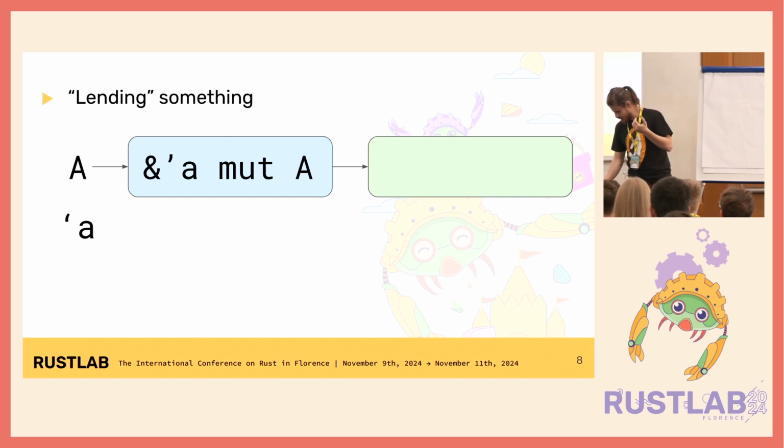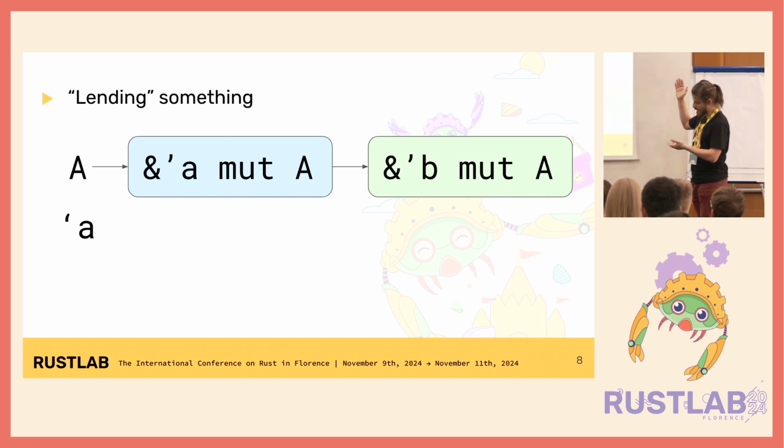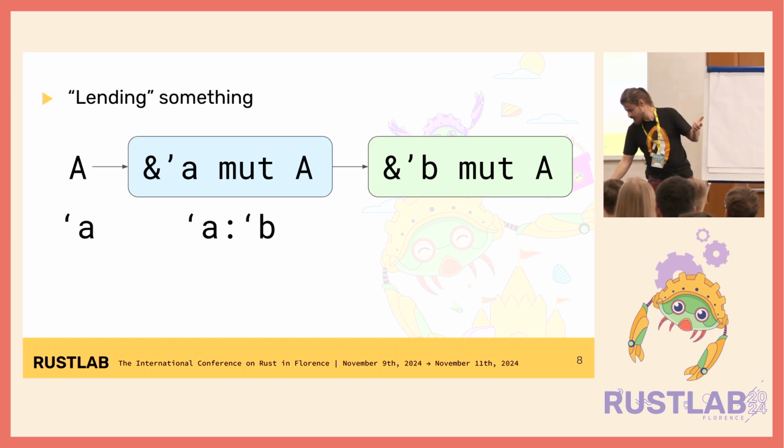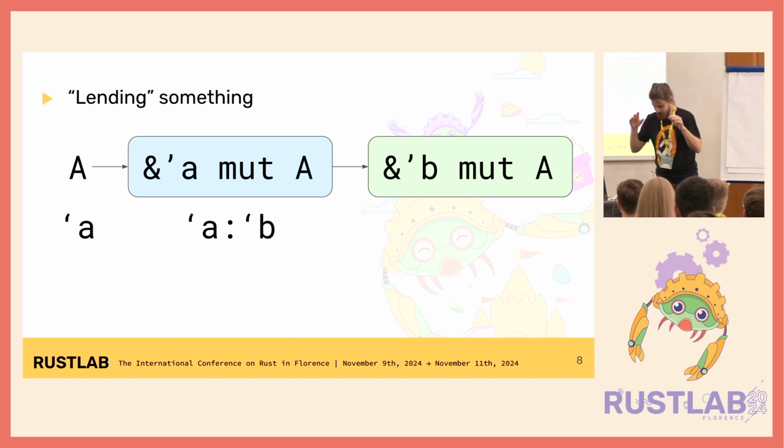So what is going to happen is that we have a mutable reference to A, but the lifetime is 'b, where 'b is the blue rectangle. Obviously, 'a must outlive 'b because A lives more than the blue box and the green box, rectangle, don't confuse it with Box.